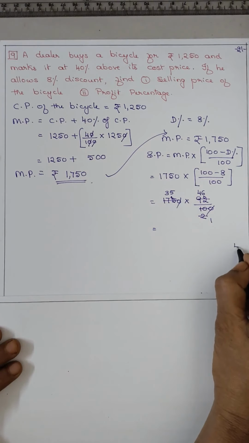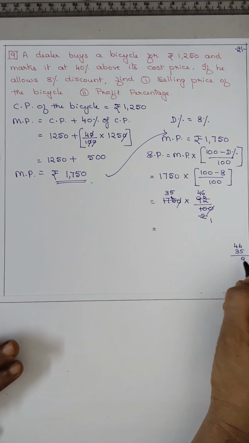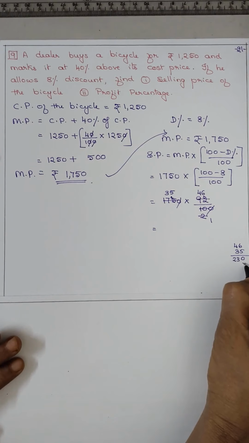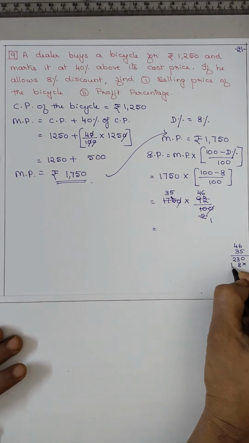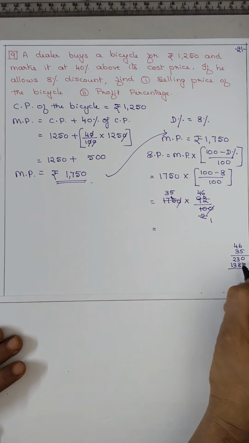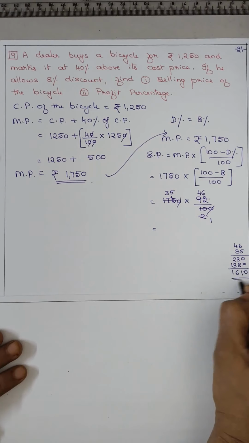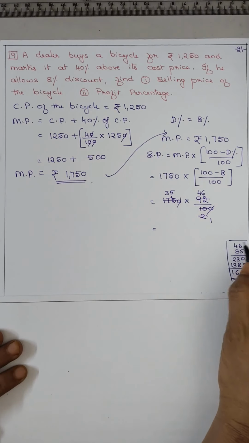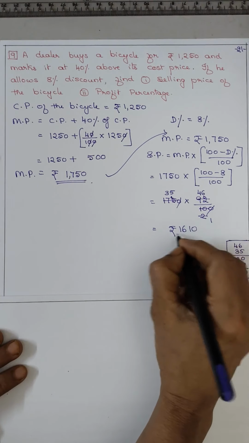It is 46 and 35. 5 6s are 30, 5 4s are 20, 23, 3 6s are 18, 3 4s are 12, 13, 0, 10, 11, 6, 1. So you got rupees 1610.